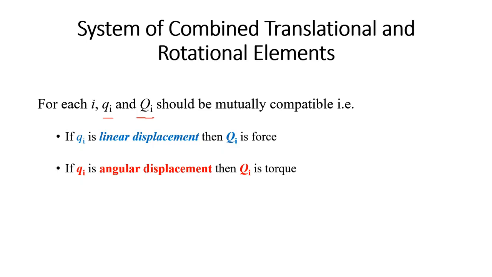So this mutual compatibility requires the following conditions. That is, if small qi represents linear displacement, then capital Qi should be the force. And if small qi represents the angular displacement, then the corresponding loading function capital Qi must be torque.